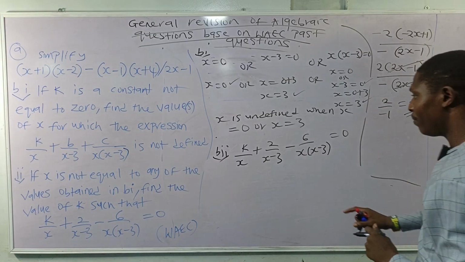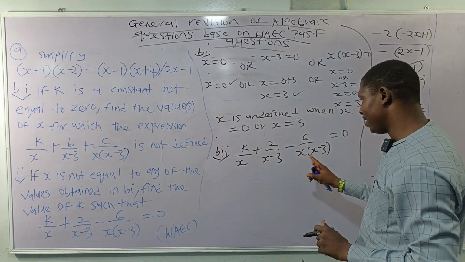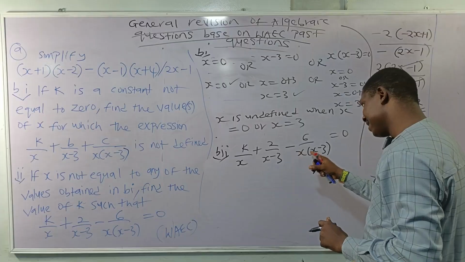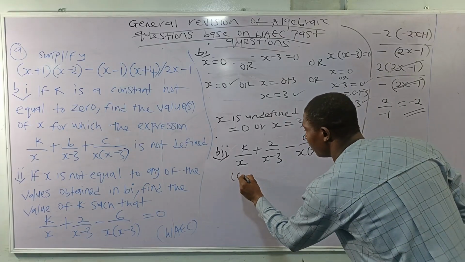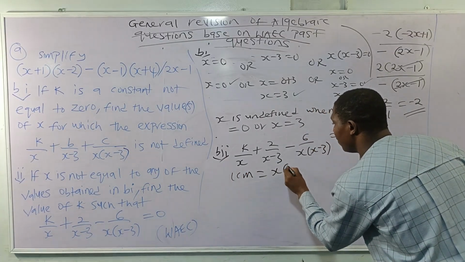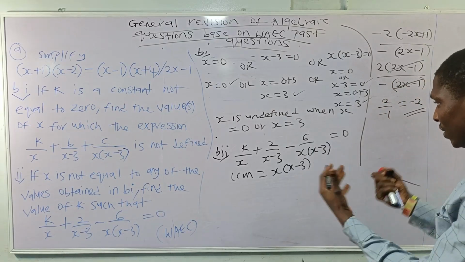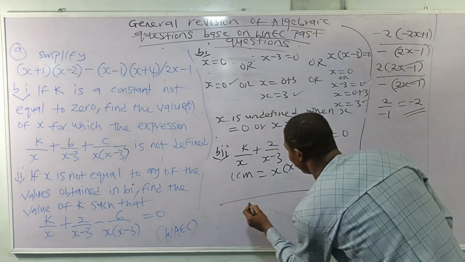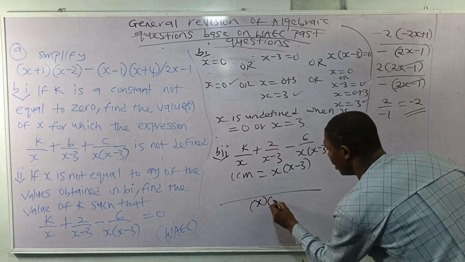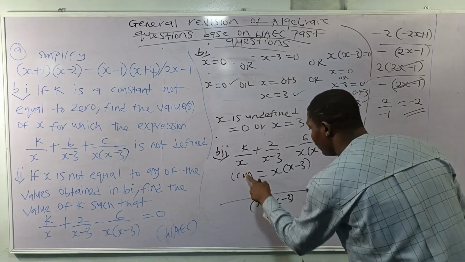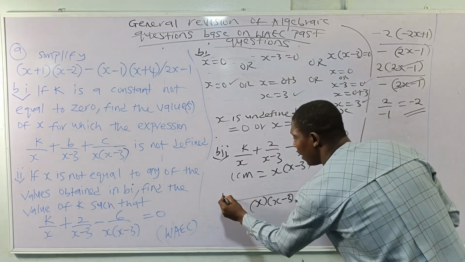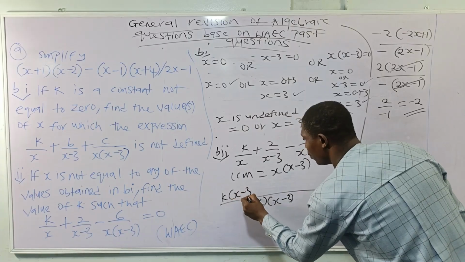Now I'll try to get my LCM. My LCM is simply x and x minus 3. This is x minus 3, this is x minus 3. So the LCM is equal to x in bracket x minus 3. I'll use that to multiply. But to save our space, let's just put our LCM at the bottom, x bracket x minus 3. If this divides this, I'll have this. So I have k bracket x minus 3.